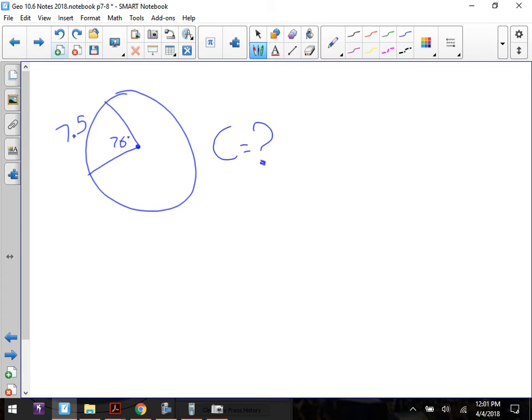They're going to give you, like I was saying, 2 out of the 3 possible variables. You've got arc length, angles, and you could have either radius, circumference, or diameter. So if you're given arc length and an angle, you can find the radius, the circumference, or the diameter.